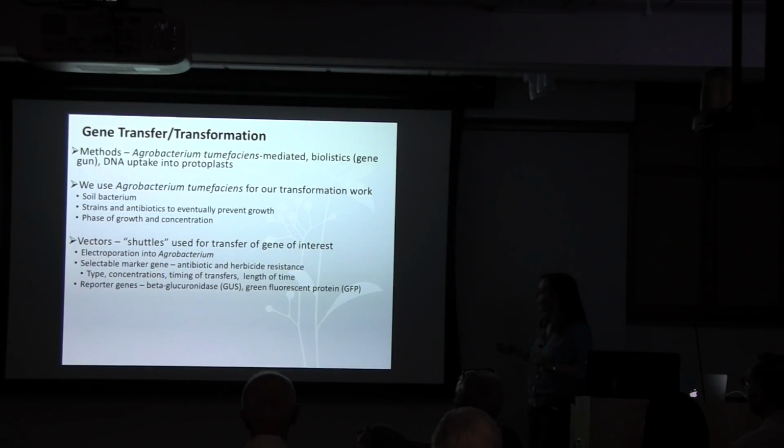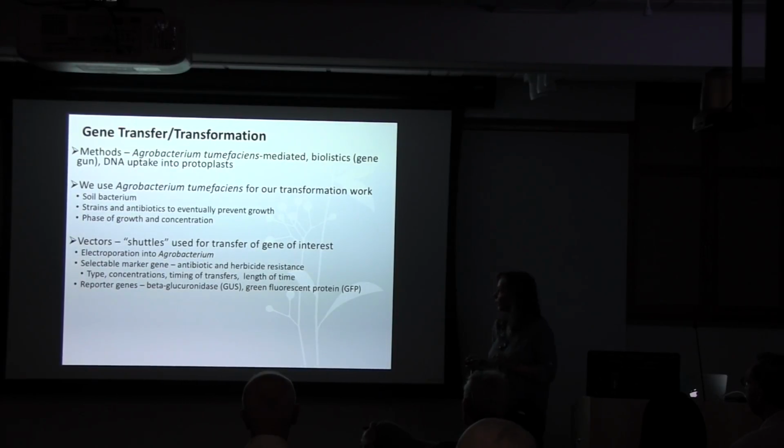Now, vectors can really make or break a plant transformation system. Those are the shuttles used in the agrobacterium to transfer the DNA into the cells. We use electroporation. There are different methods you can use to introduce the plasmid DNA into that vector, but we find that electroporation works just fine for us.